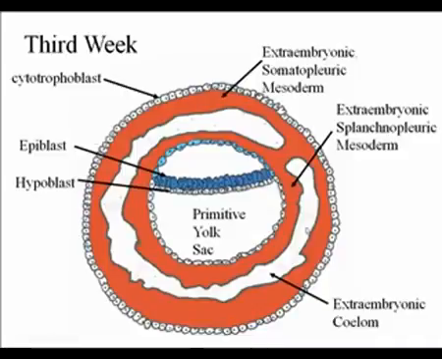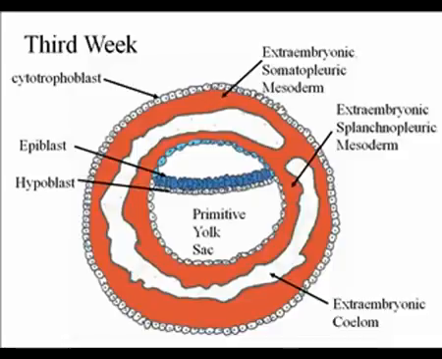So by the beginning of the 3rd week, this is what the embryo looks like: a bilaminar disc in between an amniotic cavity and a primitive yolk sac, sitting within an extraembryonic coelom.